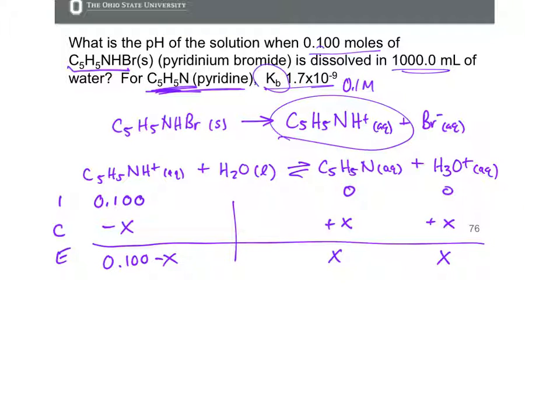Okay. We were given a Kb value. Is that going to be useful in this case? No. We actually need the Ka value because we have an acid on the reactant side. So we can calculate our Ka based on Kw equals Ka times Kb.